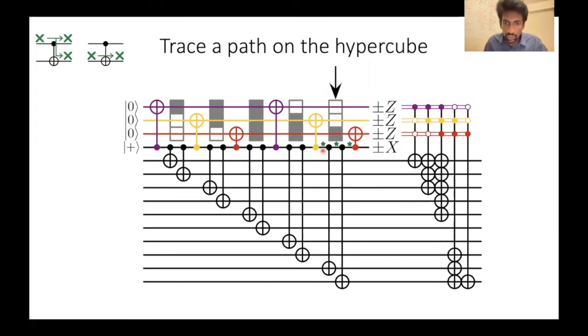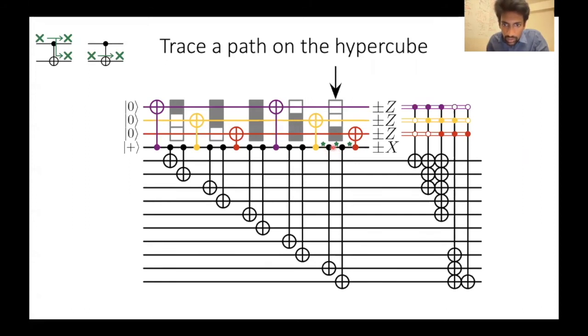So X faults at any one of these 3 green star locations will obviously give us different data errors, but we know that they give us the same flag configuration, and associated with the flag configuration is a correction. As long as the correction works for all 3 of those faults, it's valid. So let's take a closer look at what the observed flag outcome is for each of these 3 faults.